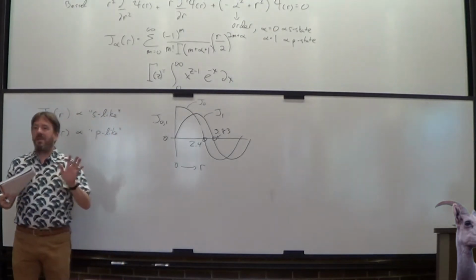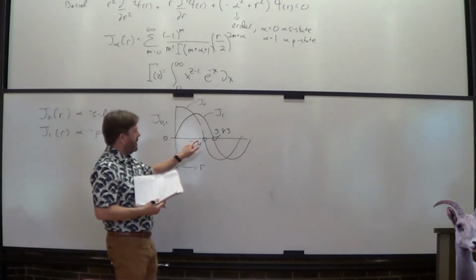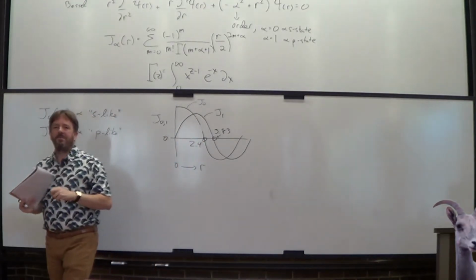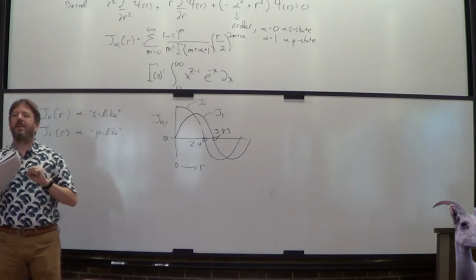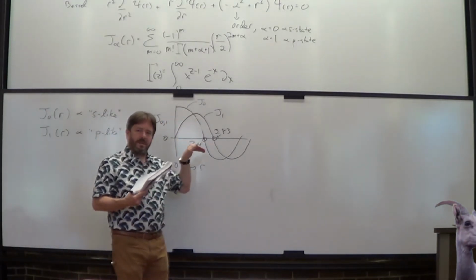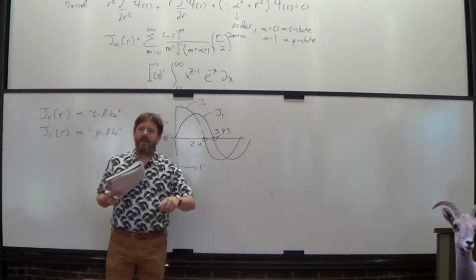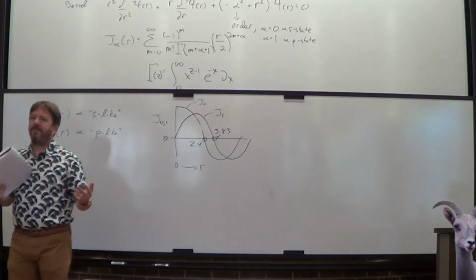Okay, so this is kind of funky, right? I want the function to end at the boundary. I want it to just go down, just plop down to 0 and stop. But it doesn't. So how do I interpret that?